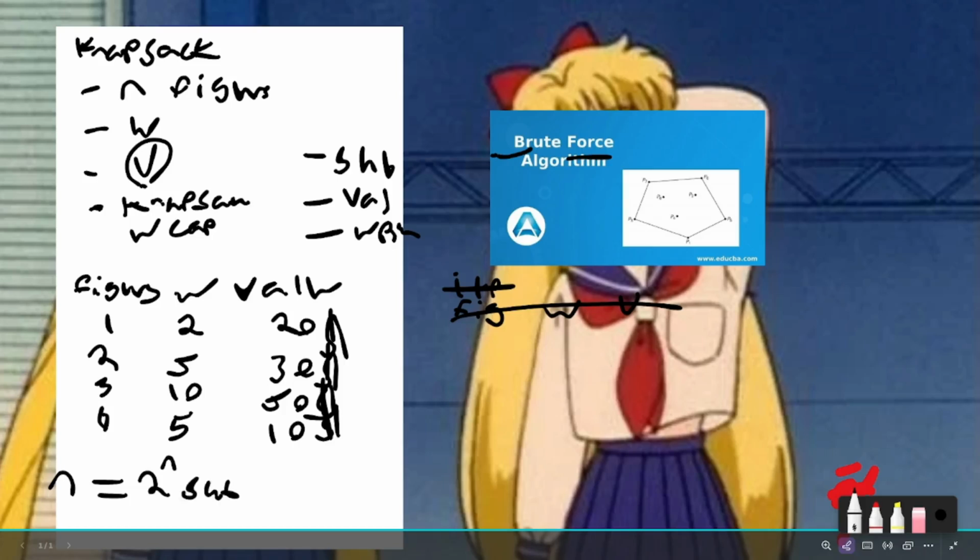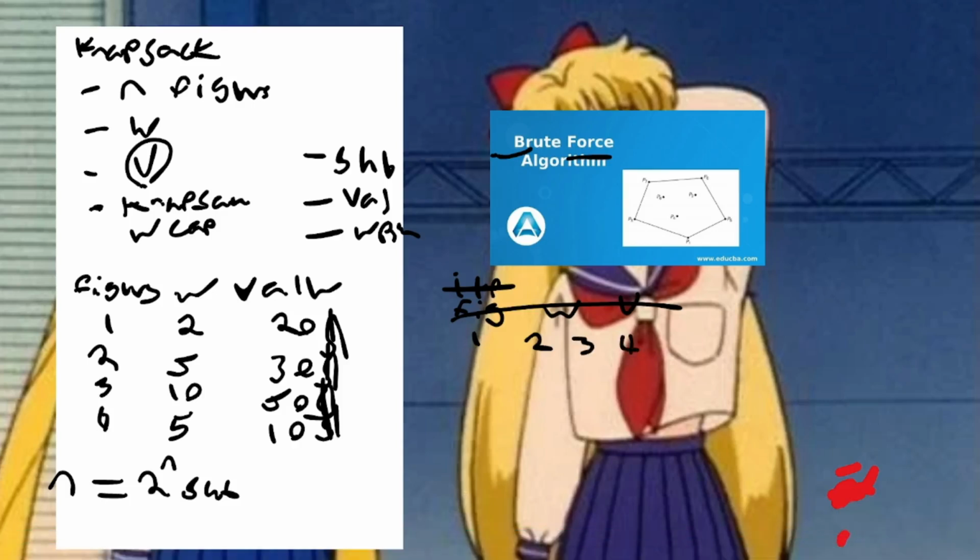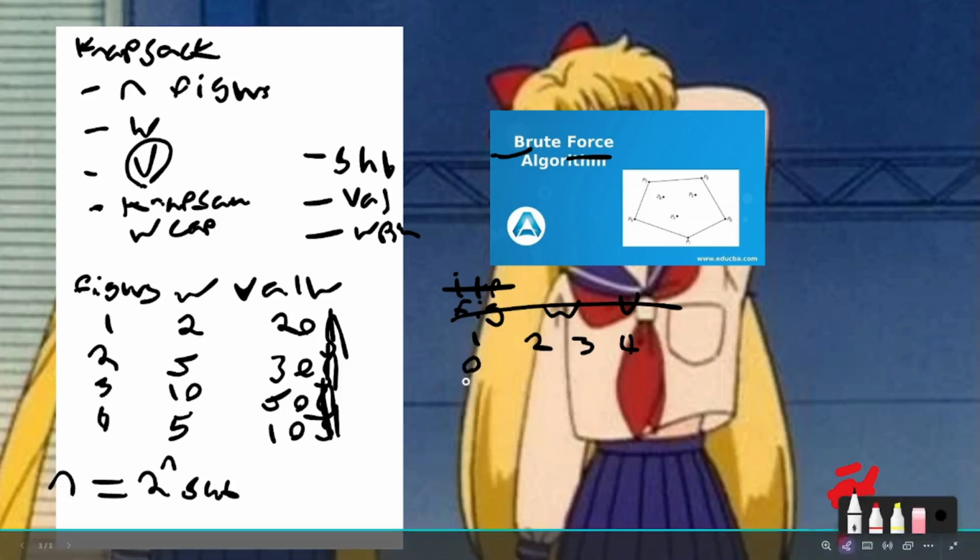So we can generate that by making a little chart. We'll have 16 possibilities here. I'm using a little trick I learned in my binary class, but I don't have enough room.